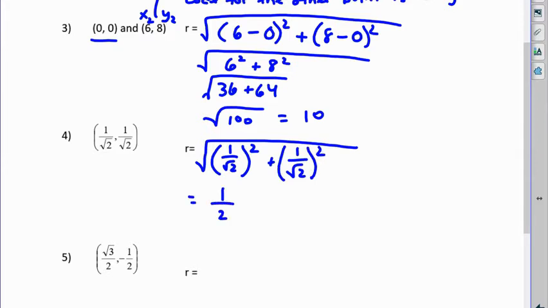One over 2 plus 1 over 2, because 1 squared is 1. Square root of 1. So this one right here has a radius equal to 1.